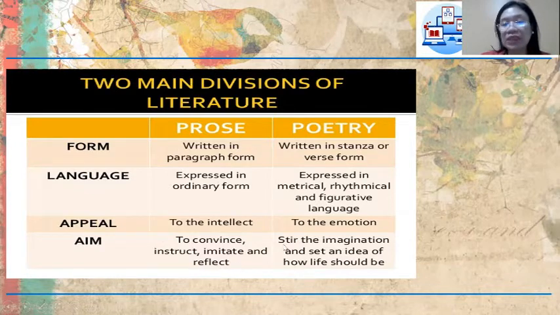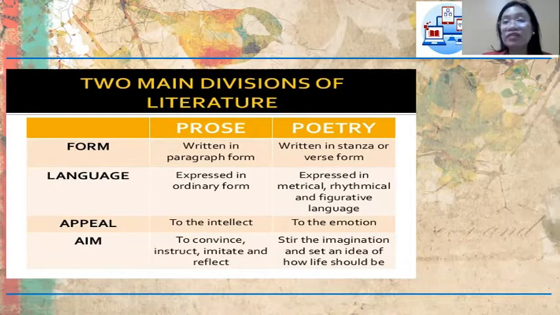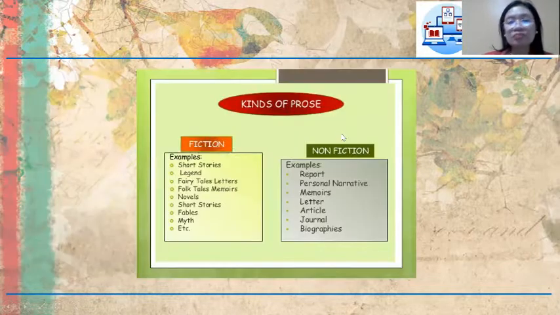Whereas poetry aims to stir the imagination of the readers, to stimulate the feelings, or to arouse the emotions of the readers and set an idea of how life should be. So these are the two main divisions of literature, prose and poetry.